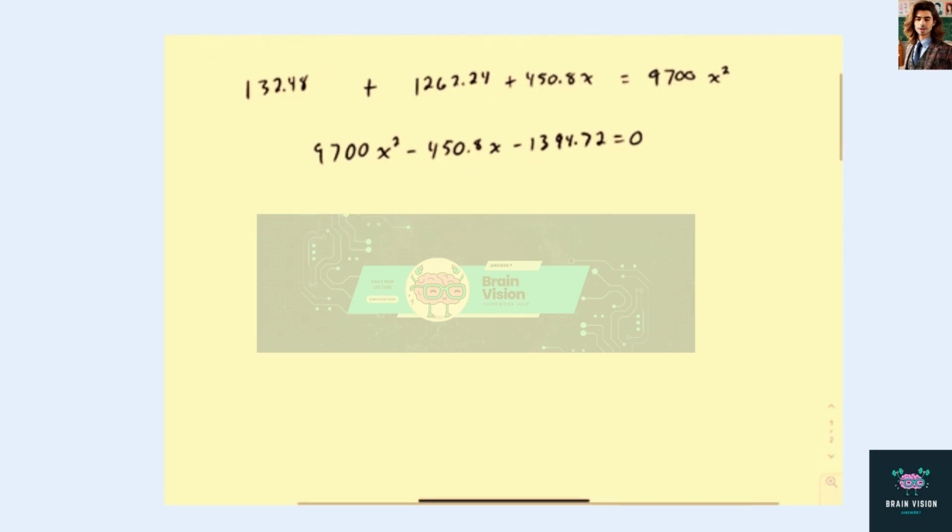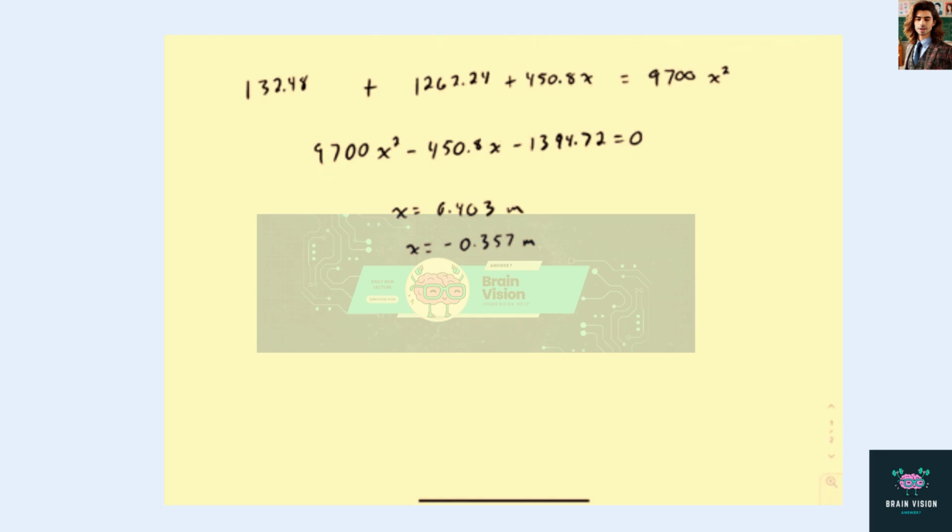And then solve for x. We get two solutions. One is 0.403 meters, and the other is minus 0.357. So that's just the values of x we get from this equation.